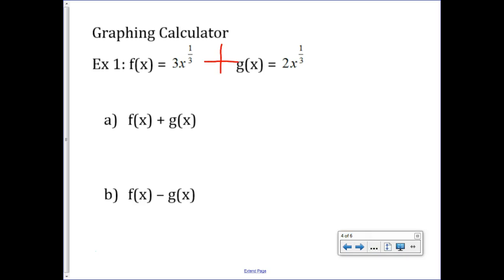And that 3 and that 2 are going to affect the slope of the line, how wide or narrow that graph is, that vertical stretch or shrink. So the domain would be all real numbers, or negative infinity to infinity, for both of these.